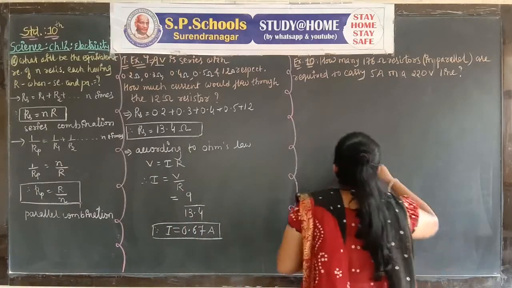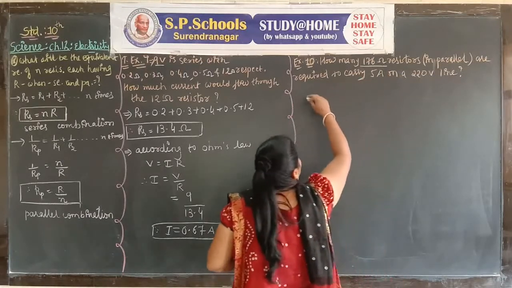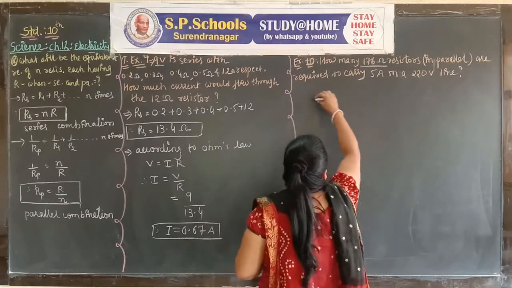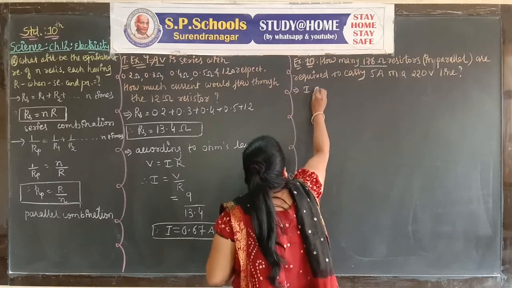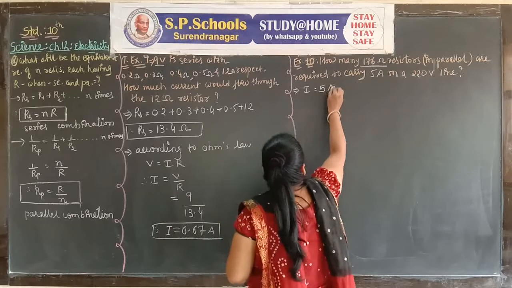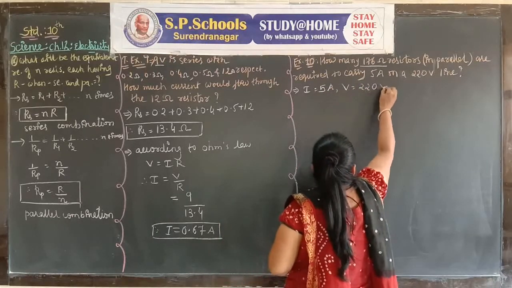First we always write the information which is given. Here current I is equal to 5 ampere, voltage V is equal to 220 volt.